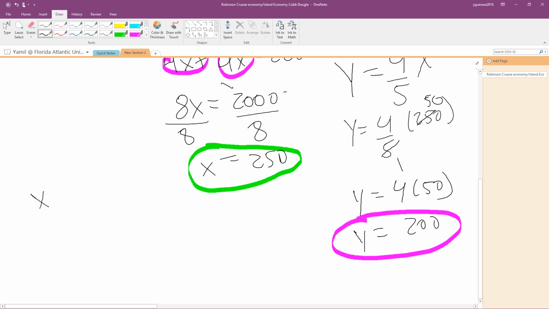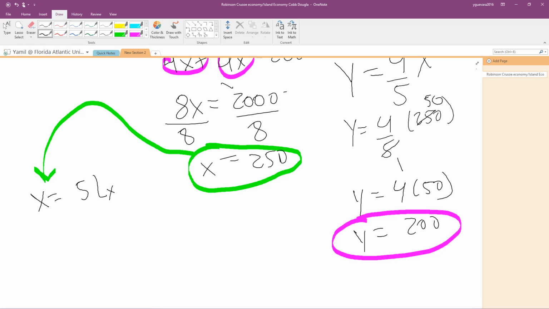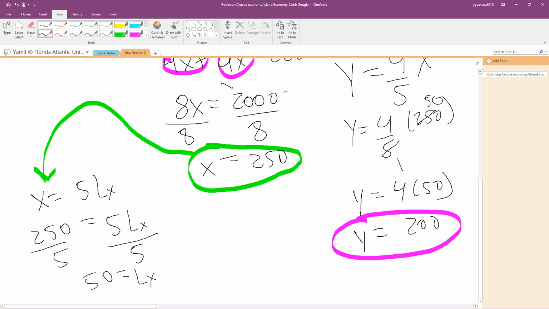We know X now, so we're going to plug that in here. Okay, so it is 250 equals 5 LX. Now we're solving for LX. Divide by 5 both sides of the equation, and we get an LX of 50. That's the optimal labor allocation that is gonna maximize the utility of this consumer. Okay, it is 50 units of labor.